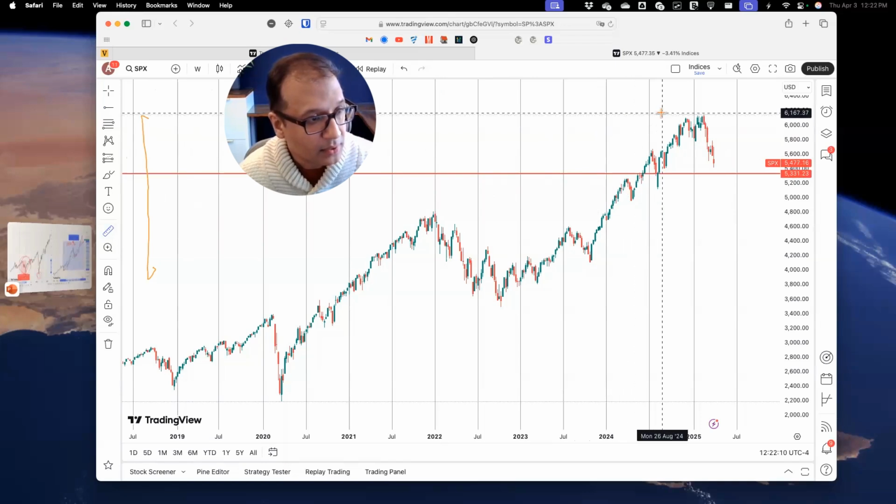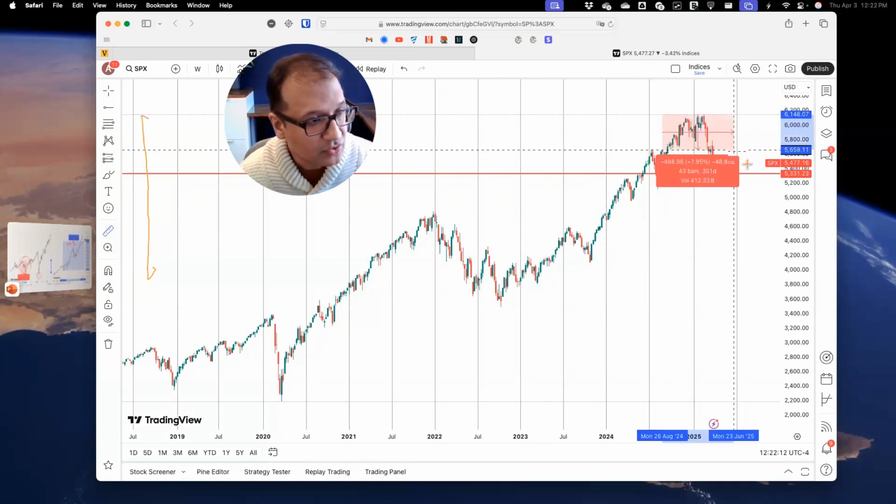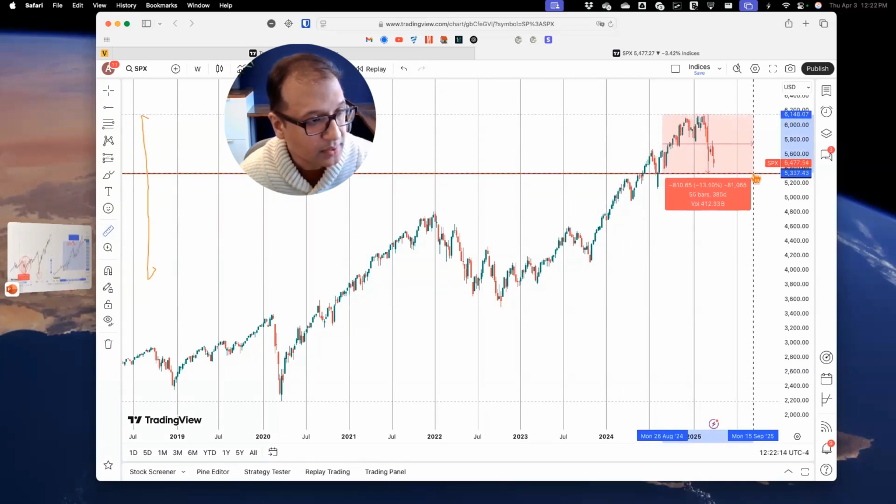I'll go back up to the same level, which is the all-time high, scroll down to this point, and that shows me a dip of 13.19%. Remember, as of today, the market has already dipped about 11%. If it were to dip to the next support level, that's 13%, so 2% more or less. That's it. If the market were to go down, there's a chance it may rebound from there.